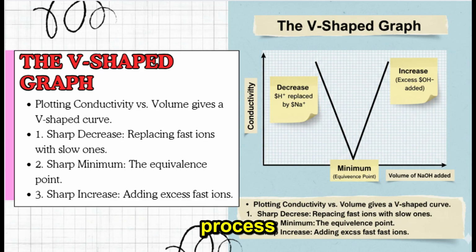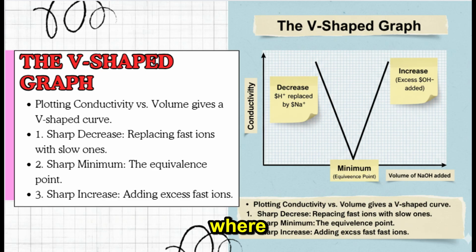This whole process, a sharp decrease, a minimum point, and a sharp increase, creates a beautiful V-shaped curve. On the y-axis, we plot conductivity. On the x-axis, we plot the volume of NaOH we've added. As we add NaOH, the line goes down, down, down.